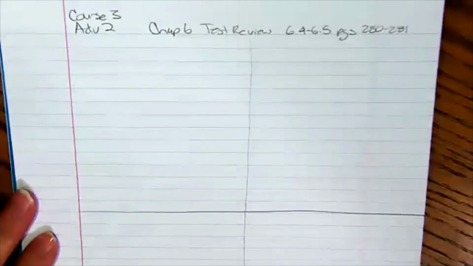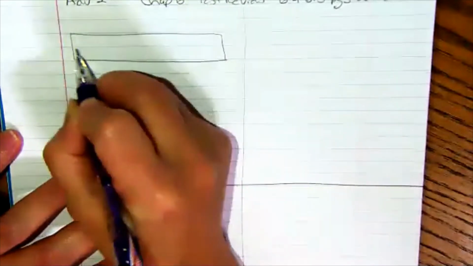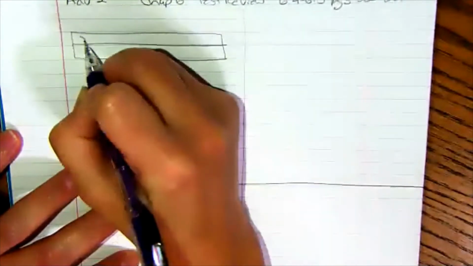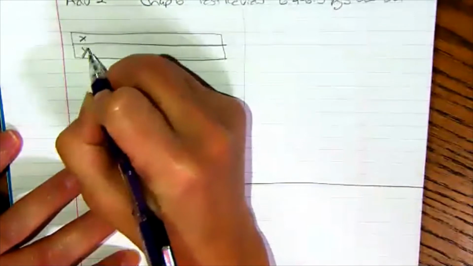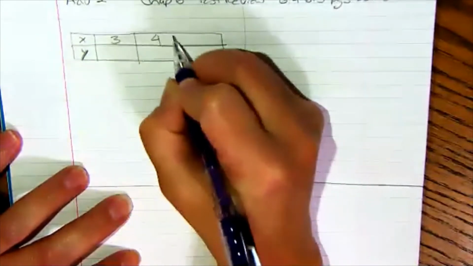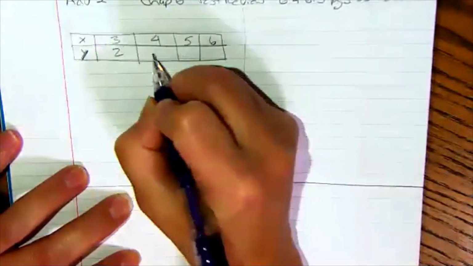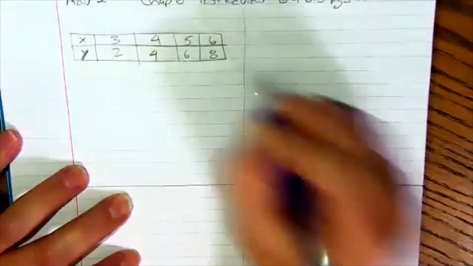Okay, the first part of our review is determining whether something is a linear function or a nonlinear function. So the book will give us a table that looks like this. X, Y: 3, 4, 5, 6 and 2, 4, 6, 8.